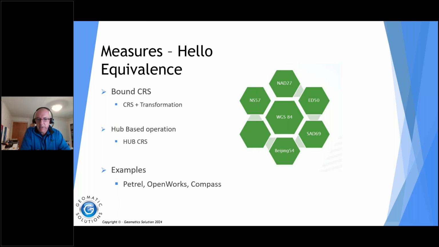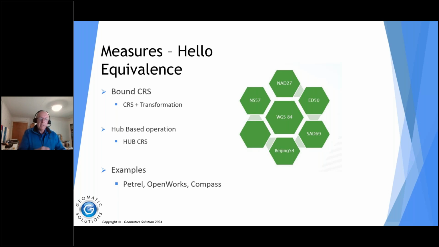They all have CRS catalogs, or coordinate reference system catalogs, with transformations to WGS84, and they have locally used the bound CRS as a CRS, really. So not only having a CRS definition and the tuple, but also having a transformation tied to it.